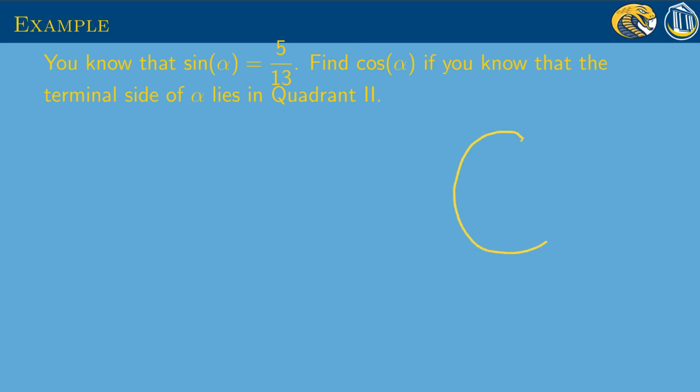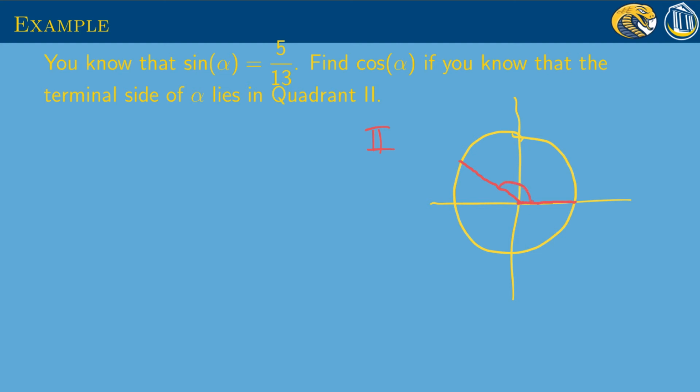Let's imagine we've got our unit circle. We've got our initial leg, and we've got our terminal leg somewhere in quadrant 2. We don't know exactly where. It doesn't matter where. It could be a smaller angle or a larger angle, whatever we want. Somewhere in quadrant 2.